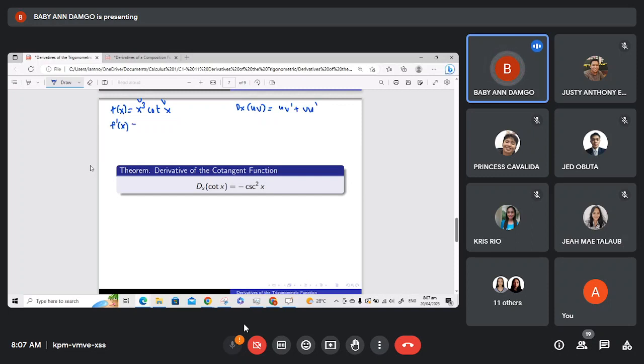Okay, so for u, this is x cube, and then the derivative of cotangent x is minus cosecant squared x plus cotangent x times the derivative of x cube, which is 3x squared. So, simplify. This is minus x cube cosecant squared x plus 3x squared cotangent x.